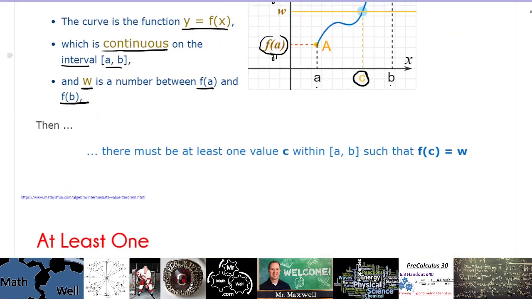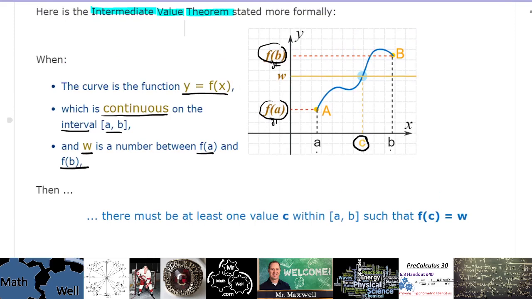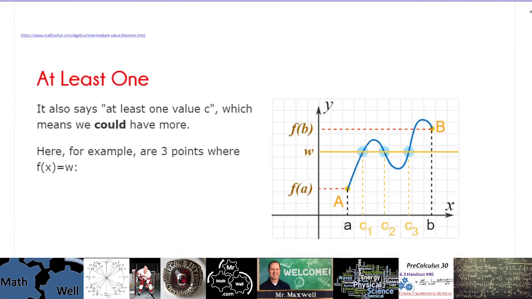When I say here that there is a number, a value c, well, there's actually at least one value c. There could be more than one value of c. For example, between f of a and f of b, if the function f of x is continuous on a to b, and there is a value w between a and b, there must be at least one value for c between a and b, but there could be more.